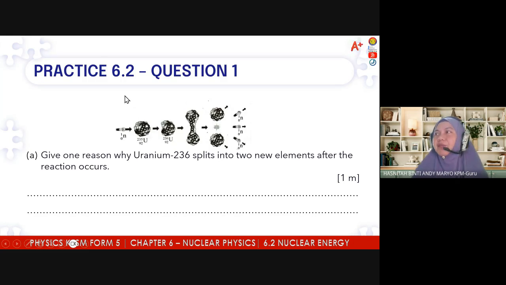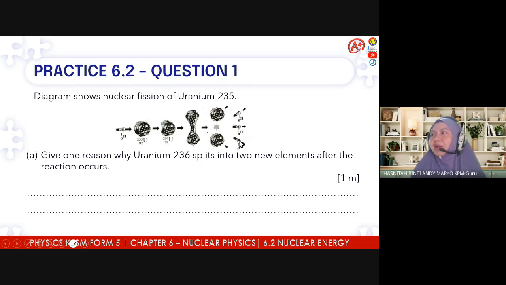A neutron bombards uranium-235, so it becomes uranium-236, which is highly unstable. So it will quickly split into two new elements, which are more stable. And this process releases three neutrons.